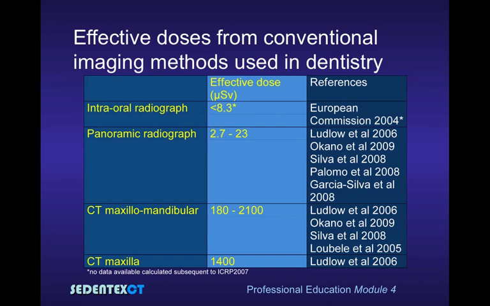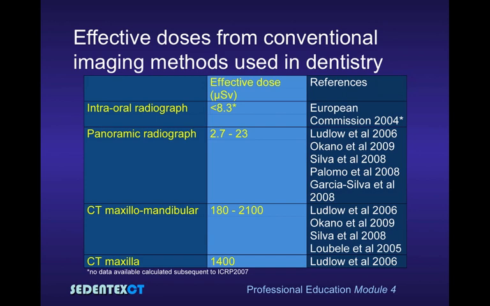Panoramic radiography has quite a wide range, again reflecting different types of X-ray equipment, the field size that's used, and the image receptor that's used. In contrast to these quite low figures, you'll see CT examinations represented here, the sort of CT examinations that are used in dental implant planning.